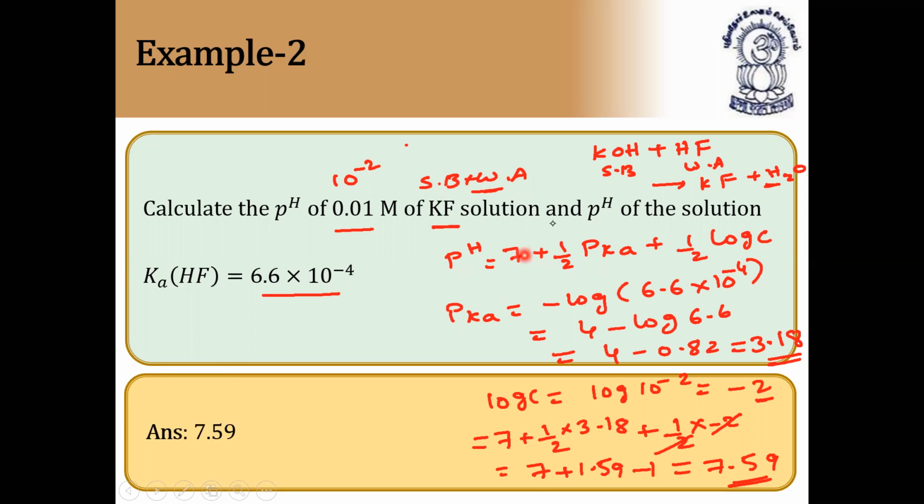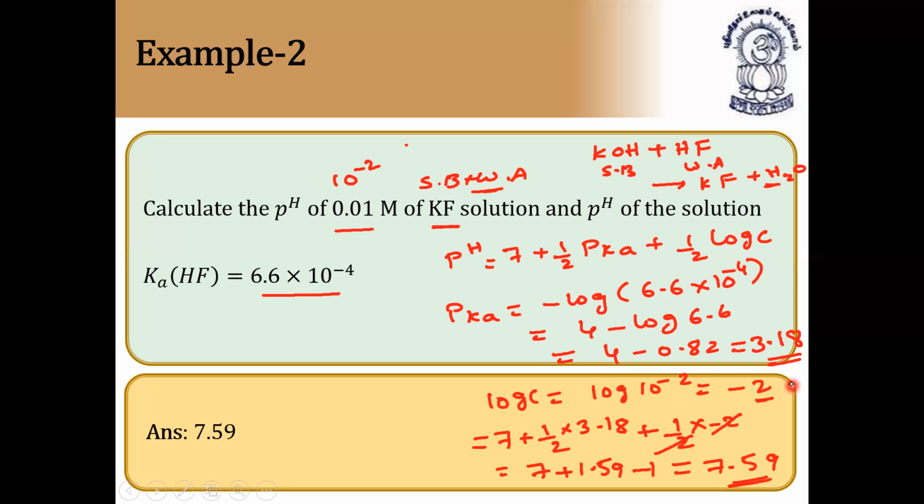So how do we calculate pKa? That is the negative logarithm of Ka. Ka is given as 6.6 times 10 to the power minus 4. So minus log of 6.6 times 10 to the power minus 4 can be taken as 4 minus log 6.6. Log 6.6 is approximately 0.82, so it is equal to 3.18. The log C value is log 10 to the power minus 2, which can be taken as minus 2, because log 10 to the base 10 is 1.